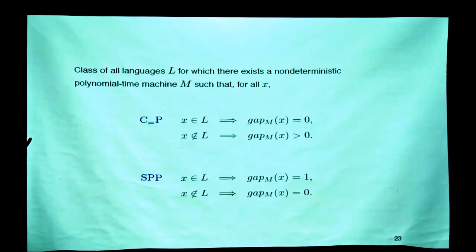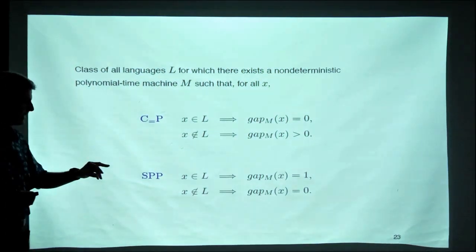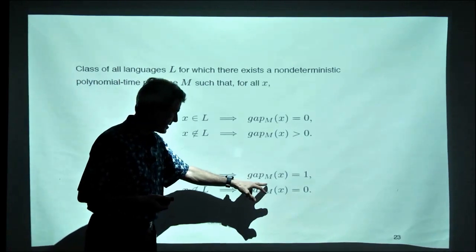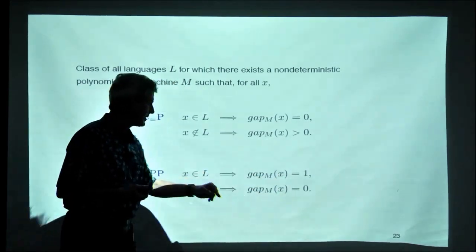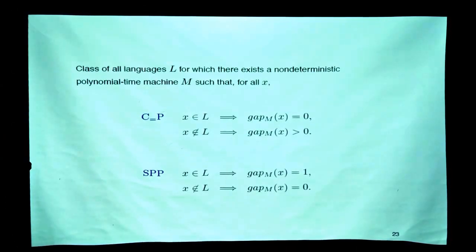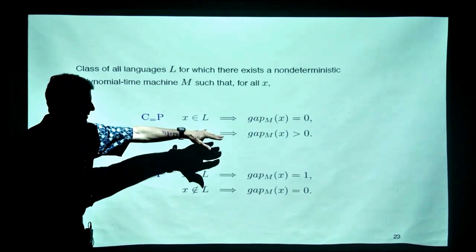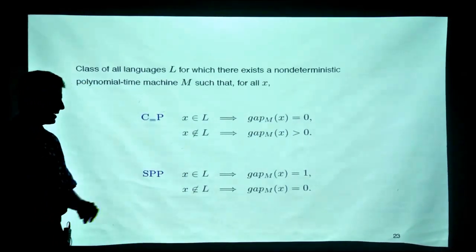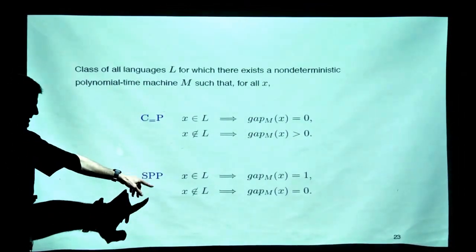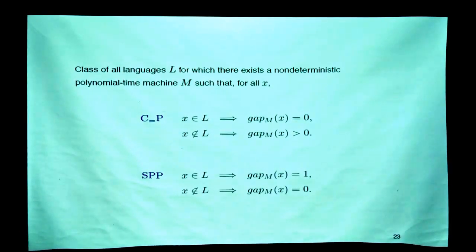this is something where the difference between accepting and rejecting paths is either 0 or 1. So here you have 0 or something different than 0. It's 0 or 1.